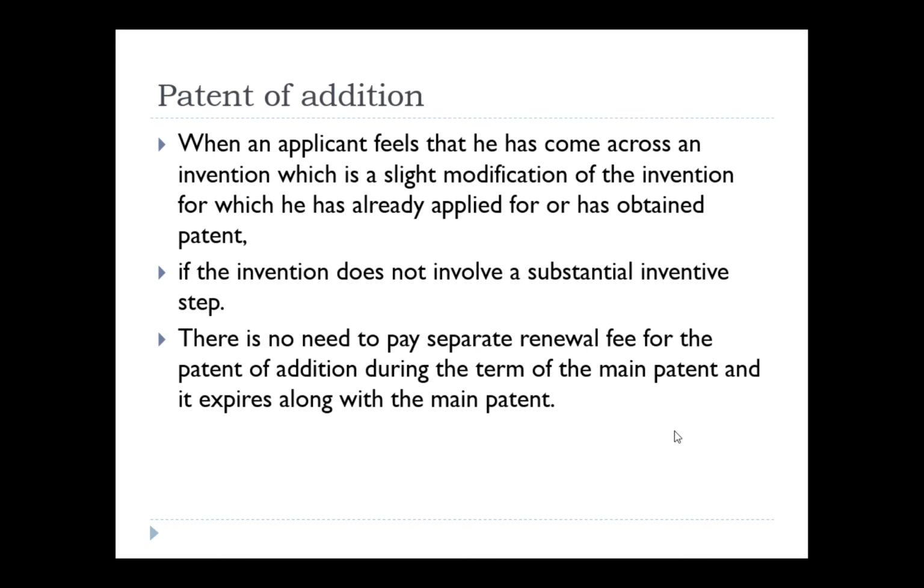But where the patent of addition is really useful, assume you have made one herbal mask for COVID-19, right? For that herbal mask, you have used two or three ingredients and made it a single invention, and it has been applied for with a complete specification as well.